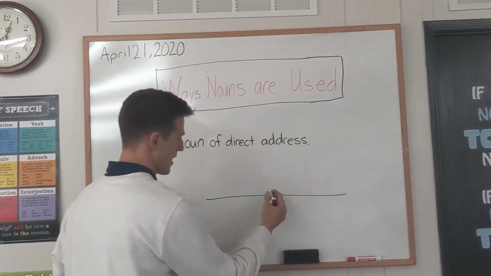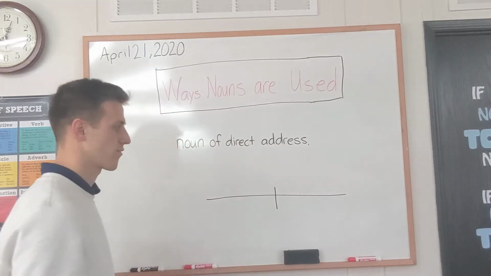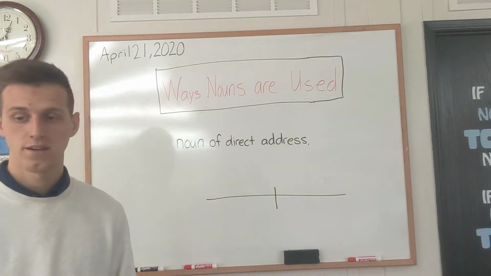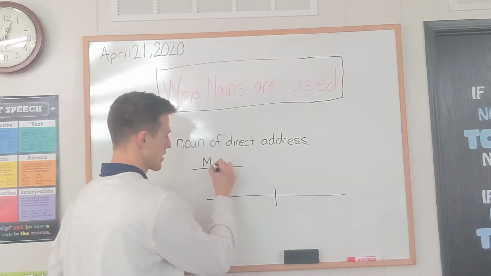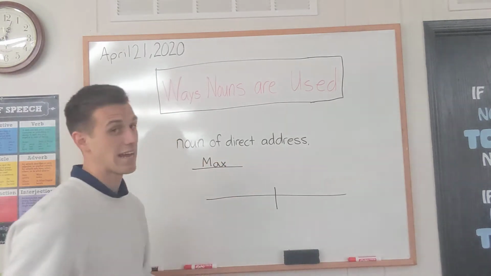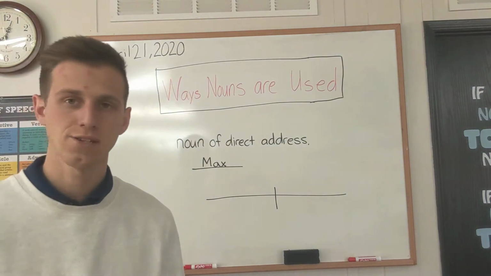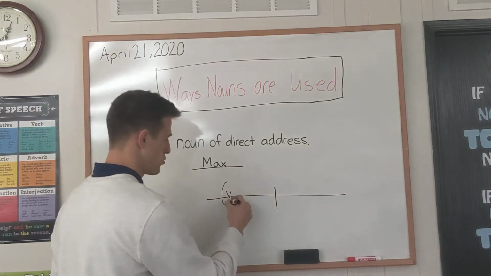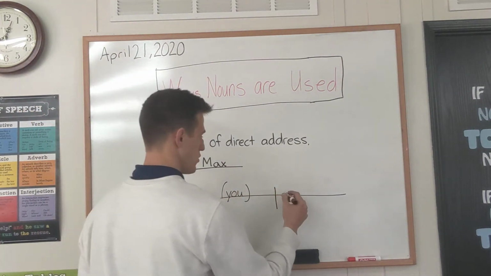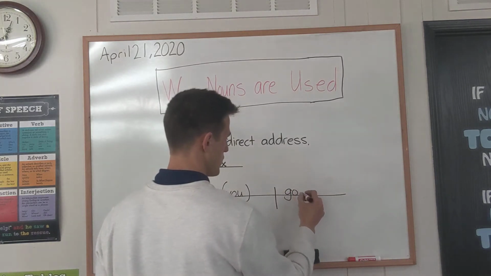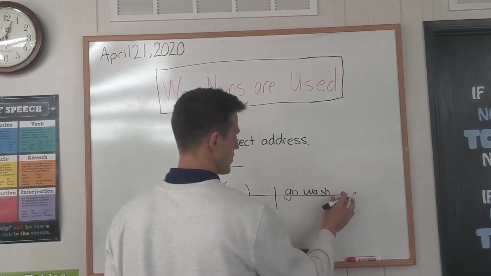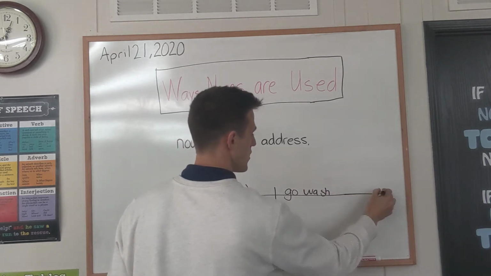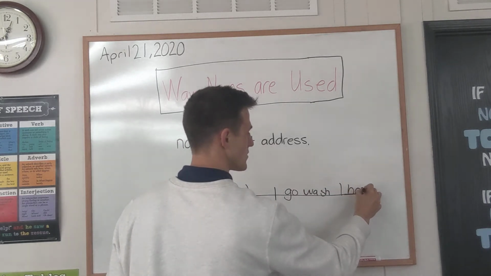So if I would have this sentence right here, this is a sentence I said, I would say Max, which would have been our noun of direct address, and then I gave a command, right? So our subject would be you. I said, you go wash your hands.